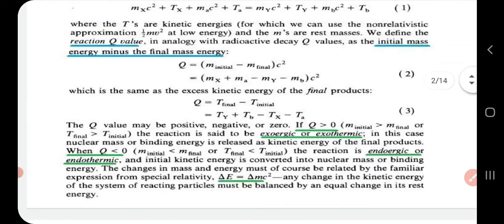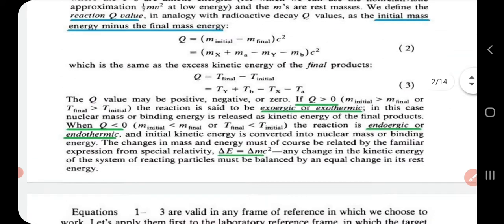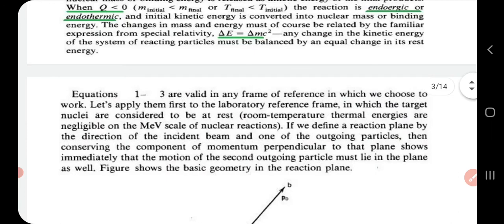Now we have three equations, 1, 2 and 3. These equations are valid in any reference frame that we choose. Suppose the reference frame is the laboratory frame, in which the target nucleus is at rest.